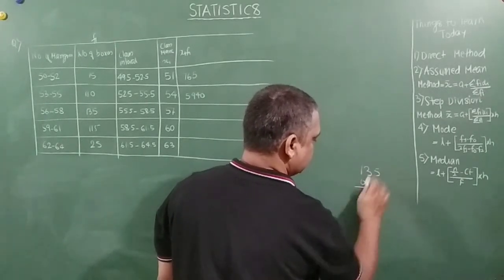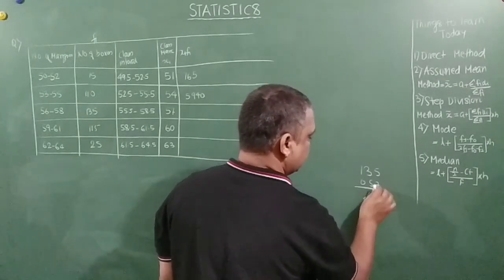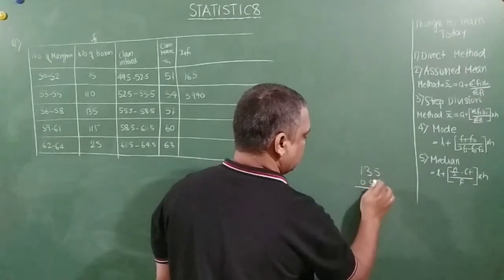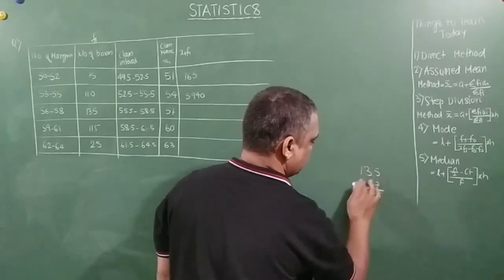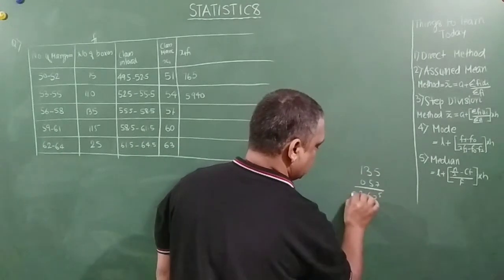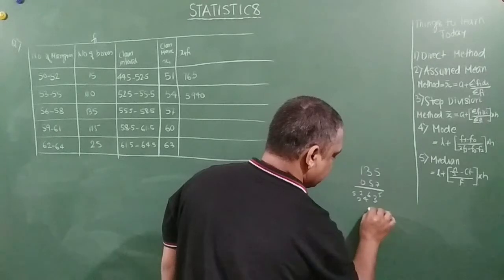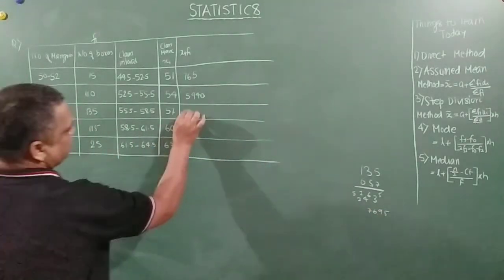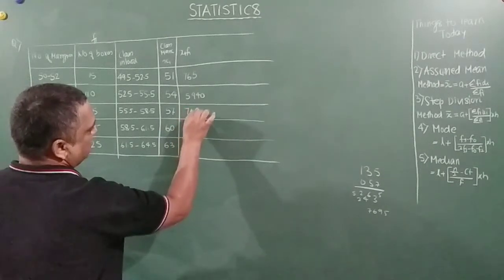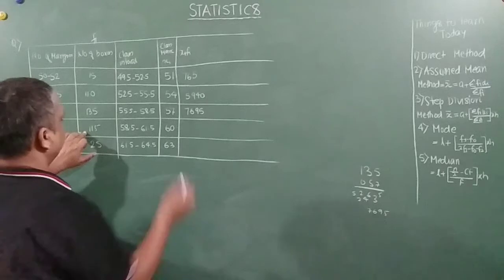So this is this, okay. Cover this please. So 7695. Correct, no? Yeah, 7695. This into this, quite easy.